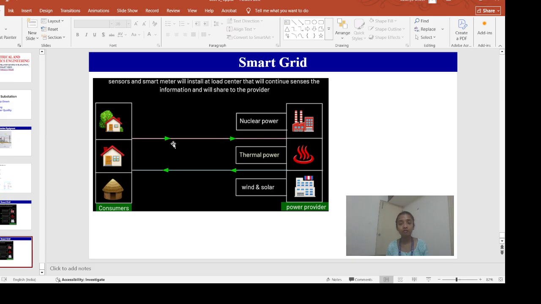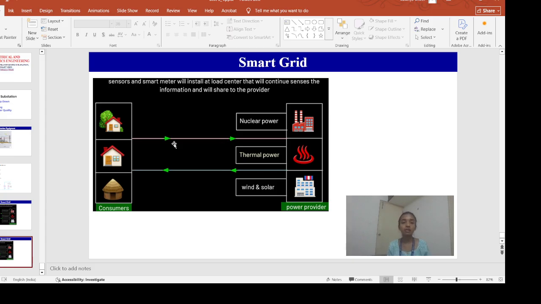What is tariff? Tariff is nothing but the rate at which consumers are charged for the electricity consumed. Suppose when we get the electricity bill at the end of the month, we pay based on our daily electricity consumption.